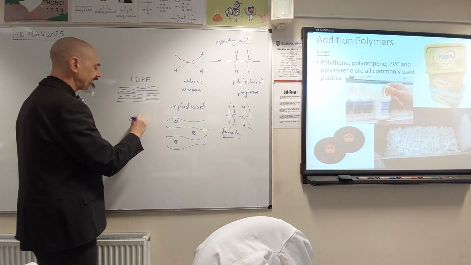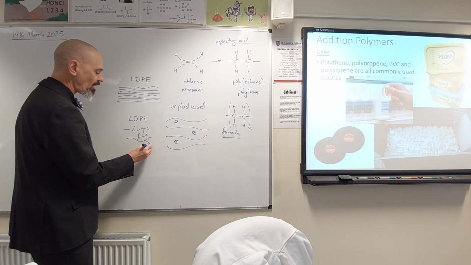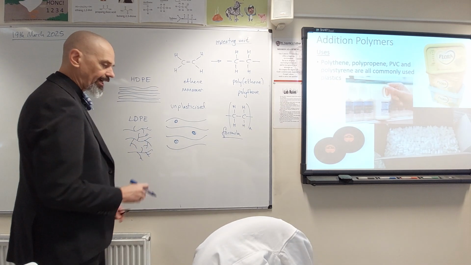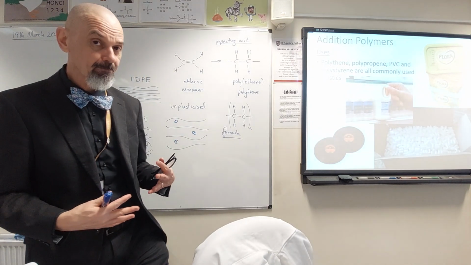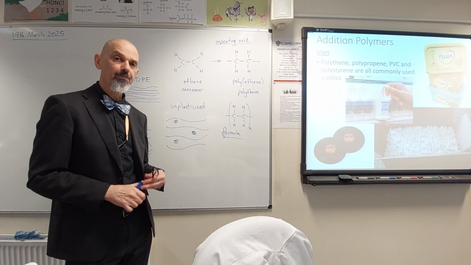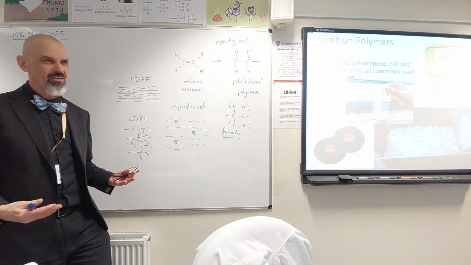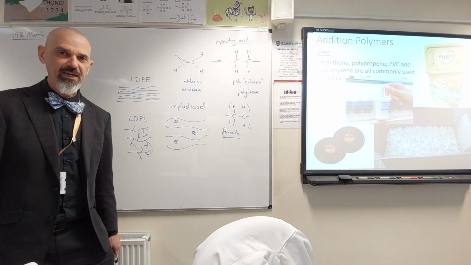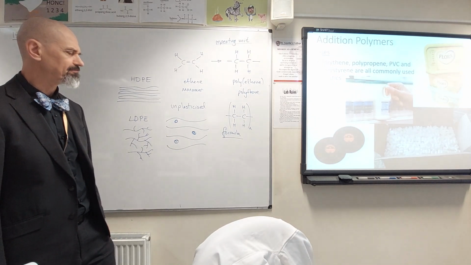Low density polyethylene is made in a slightly different process, and the chains tend to be branched, and that means they can't get as close together, so the intermolecular forces are weaker, and that means that the plastic as a whole is weaker and has a lower melting point. So that tends to be used for cheap supermarket plastic bags, that kind of thing. Very, very cheap material, fails very easily.